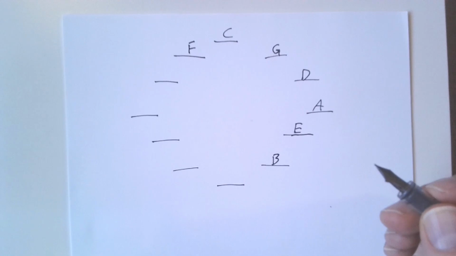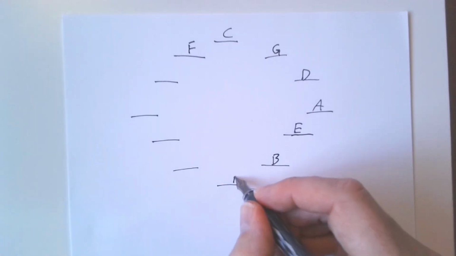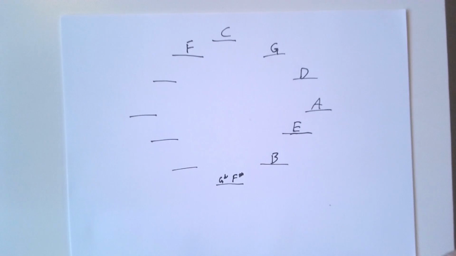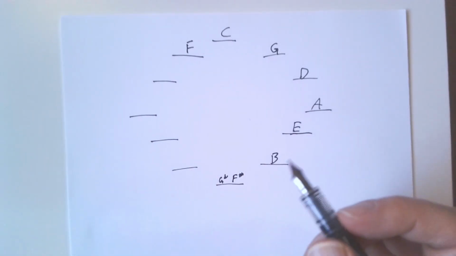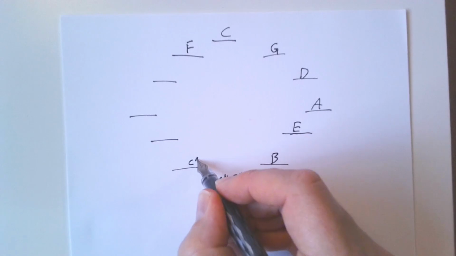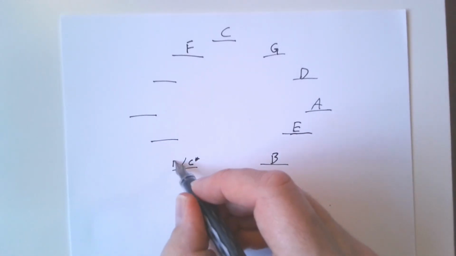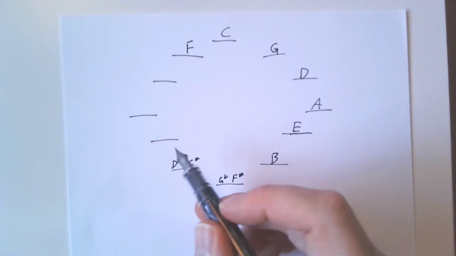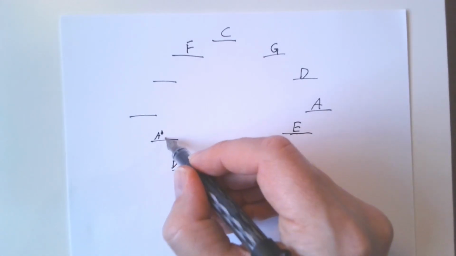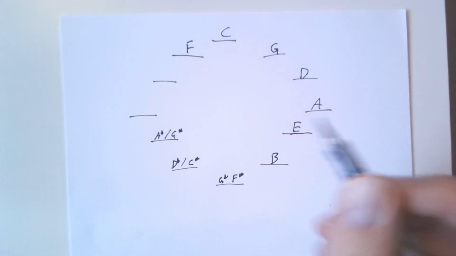B. This will be F sharp or G flat. This will be C sharp or D flat. Let's see, this one will be A flat slash G sharp.